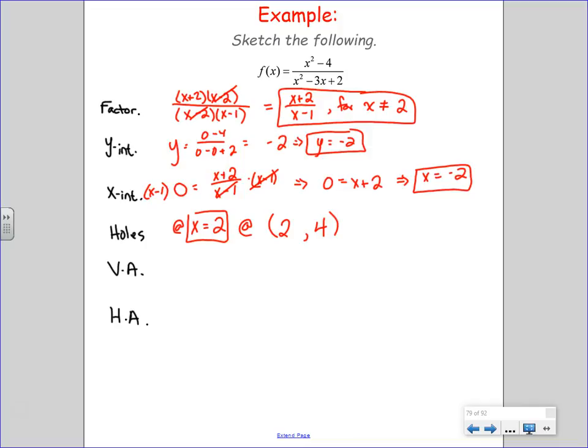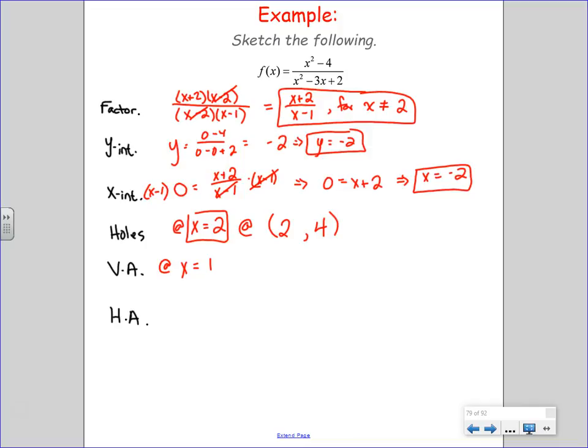Vertical asymptotes. Yes or no? Yes. Where is there a vertical asymptote? At x equals not 2. 2 is the hole. We removed the hole. What domain problem remains and cannot be removed? You see it? Holes come from the part that factors and cancels, reduces away.